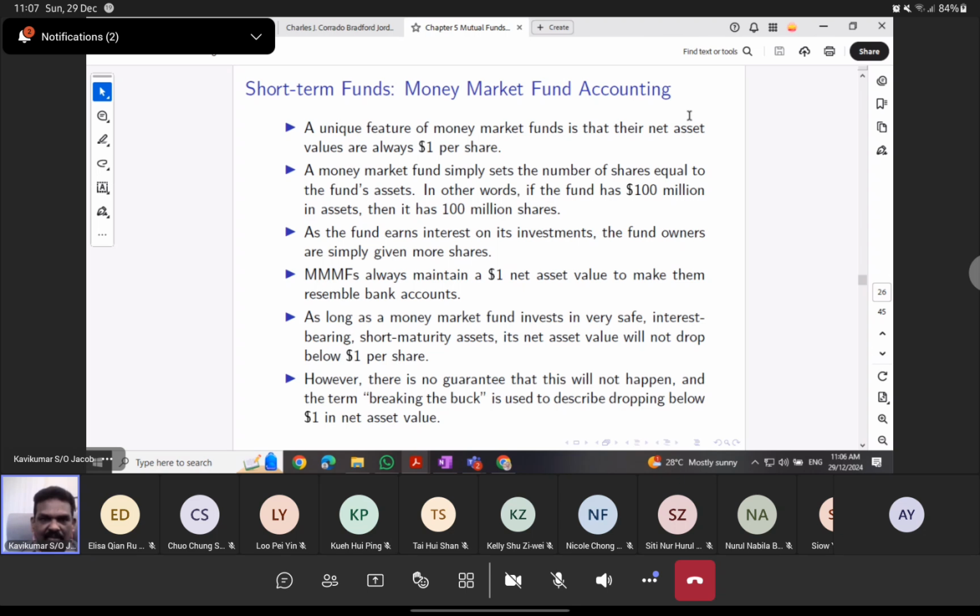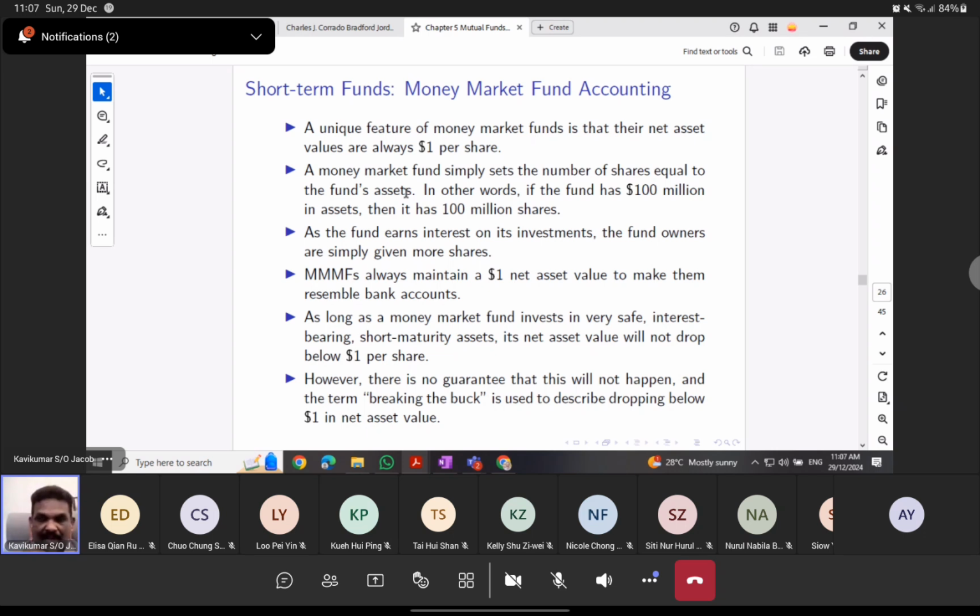So, money market fund accounting. A unique feature of money market funds is that their net asset value is always $1 per share. So they always fix the net asset value at $1 per share. A money market fund simply sets the number of shares equal to fund assets.